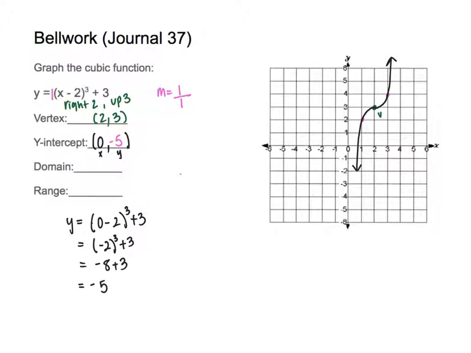So now I'm going to go ahead and find my domain and range. For domain, we are going to be looking at the x-axis and see how far this curve stretches to the left and stretches to the right. So we can see as we extend the left side of the curve on and on forever, it's always going to keep extending left. Same thing for the right side.